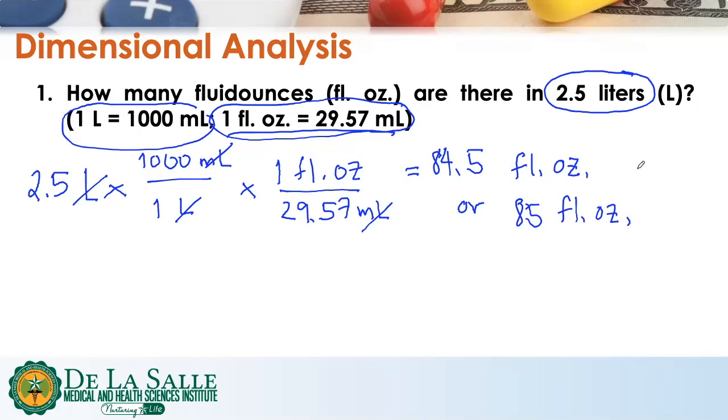We can also perform a calculation where we use ratio and proportion. Take note that 2.5 liters can be converted to 2,500 milliliters through the conversion factor.